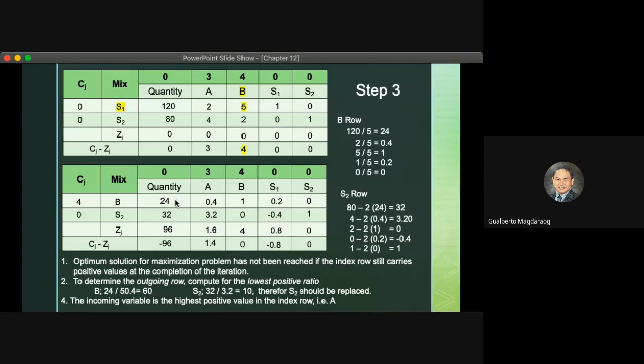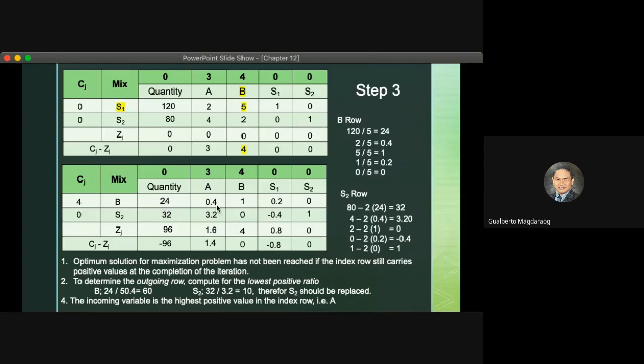24 over the highest positive value in the index row, which is 1.4. Ang rule kasi natin dito, 0 or negative. Meron pang positive 1.4. So this one is the highest positive number. So dito natin i-divide yung quantity ng nasa row natin.